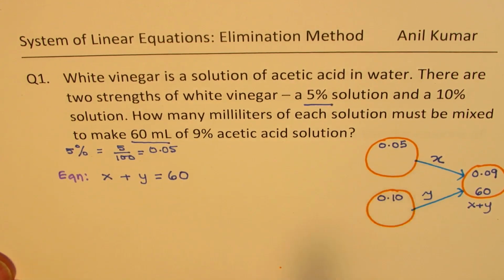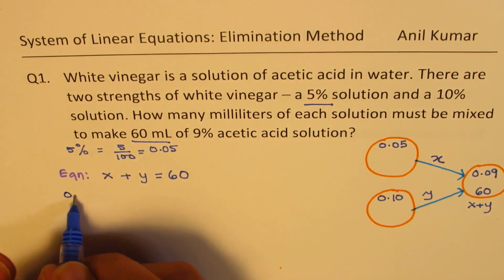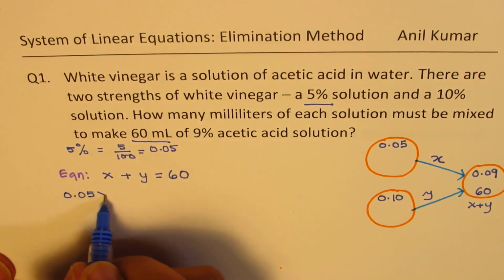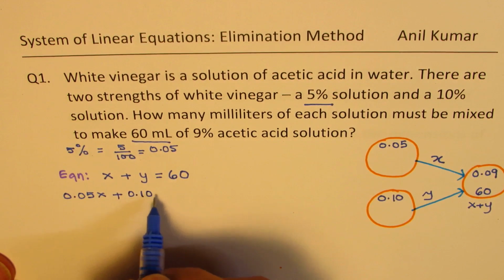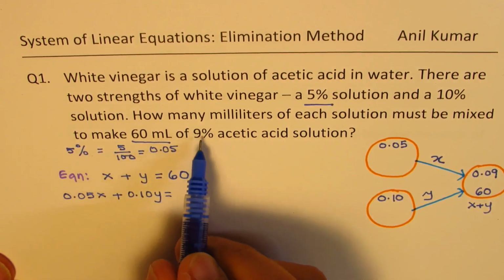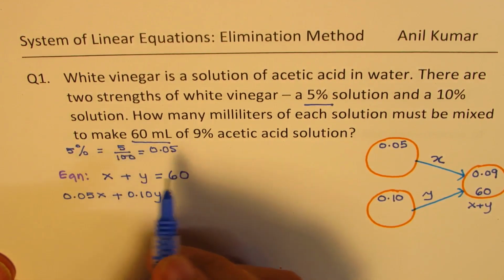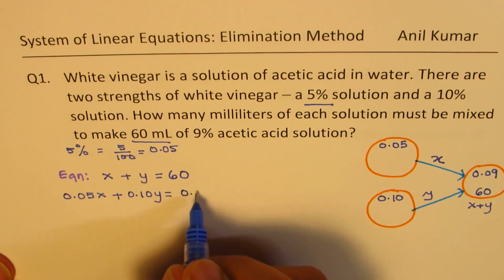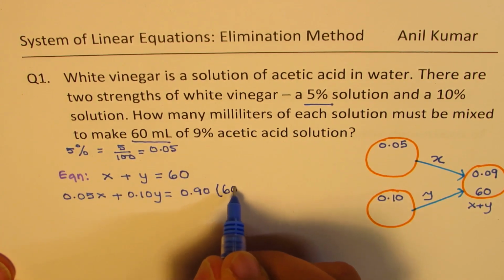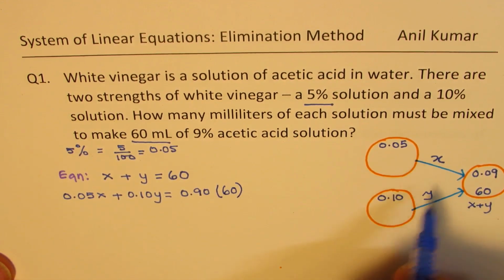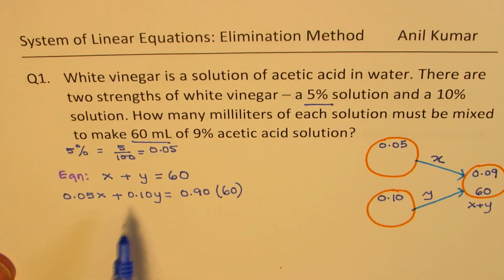So 5% of X can be written as 0.05 of X plus 0.10 of Y will give us 0.09 of 60 milliliters, right? So that is how you get your equations.